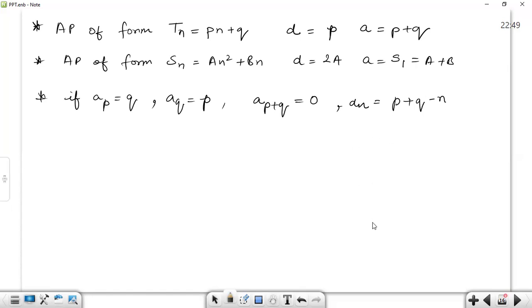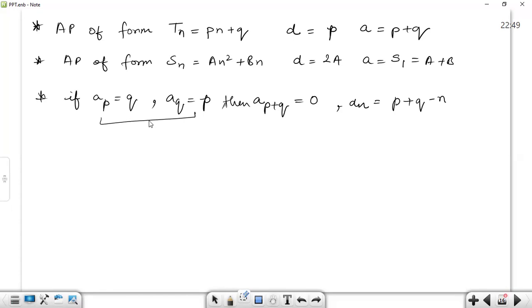But this kind of question will not be asked directly, but this result may be indirectly used in any solution anywhere as these conditions are getting satisfied. These are the conditions. Clear? Any doubts? No, sir.